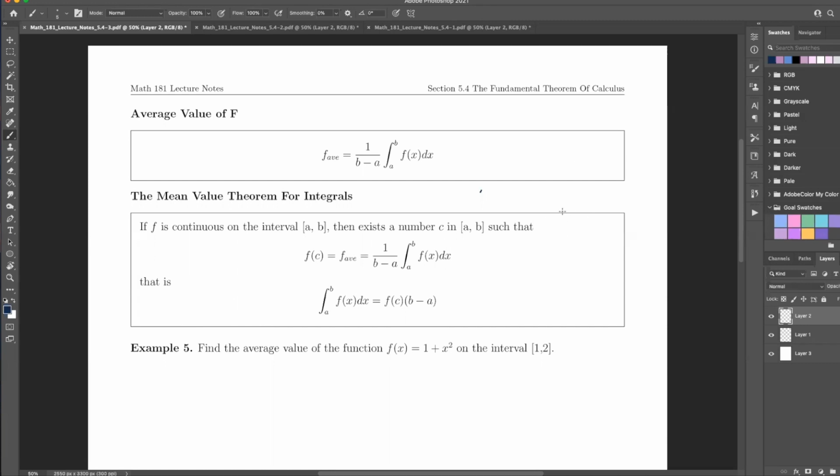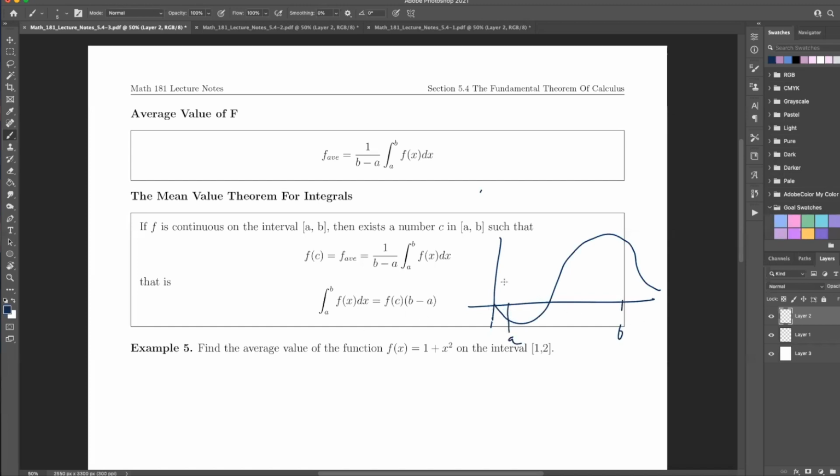Let's see if I can give a quick sketch of what this might look like. So let's pretend we have some sort of function here. It goes negative, comes out positive, and then comes back down. And we're looking between, let's just say A starts here and B is here.